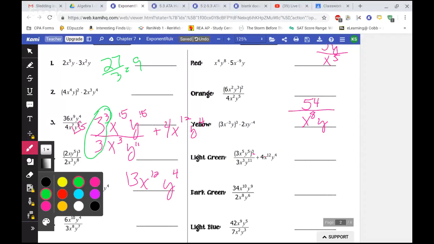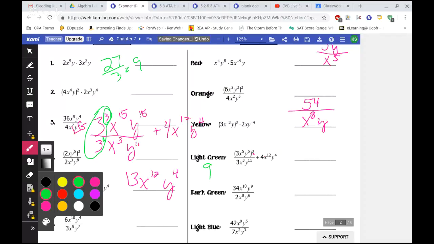Or you know there's a 3 here and a 1 here. So 3 minus 1 is 2, and 3 squared is 9. Either way you do it, you're going to end up with 9. Okay? Does everybody understand how I got that?